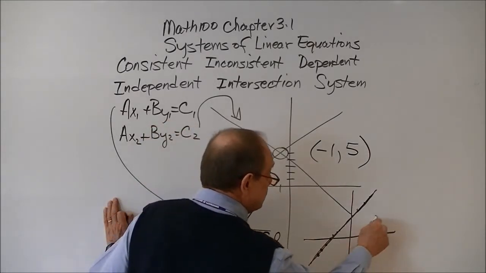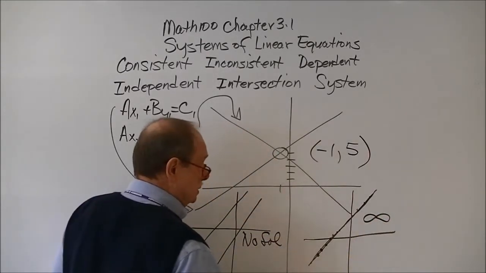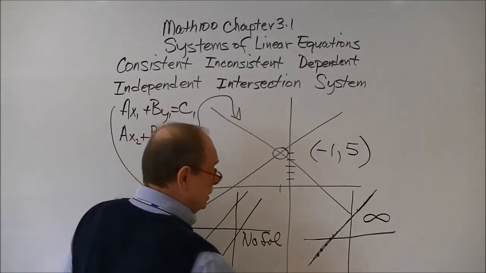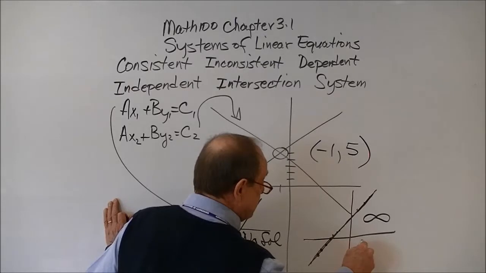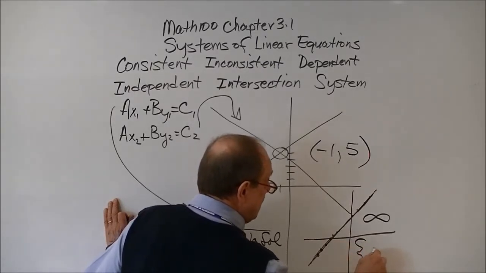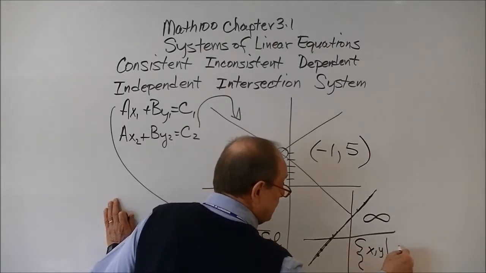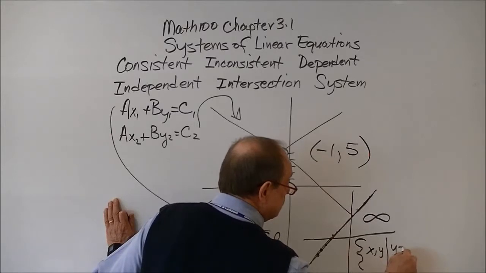So we say there is an infinite number of solutions, and we usually write it in set builder notation, which will look like this. Put a bracket. We didn't do too well on that, but x comma y, that's your ordered pair, is such that, and then you write out one of the equations.